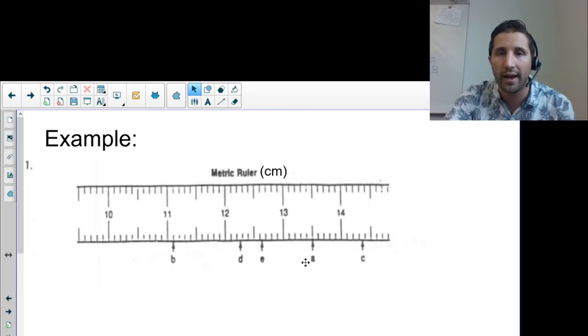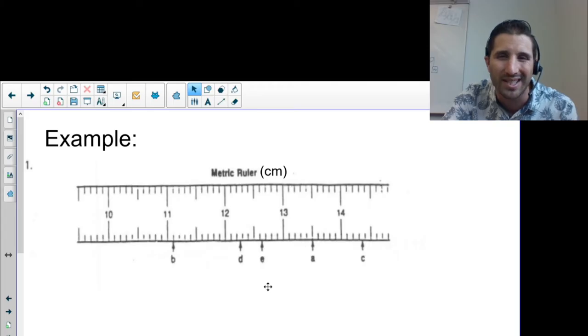I can see that A is clearly between 13 and 14 centimeters. It looks like it's right on the line at 13.5, and my estimate is that it's exactly on that line. It doesn't look to me like it's a little bit between 13.5 and 13.6.